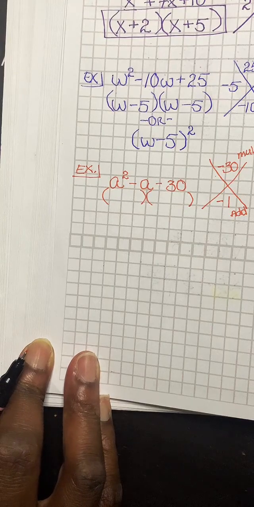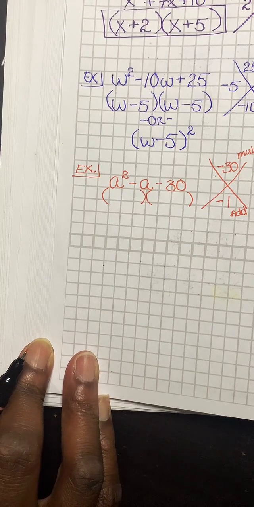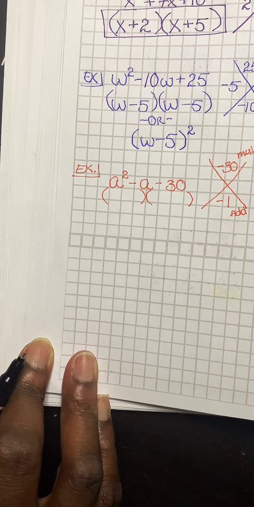Just go ahead and make your adjustments. Nicole, it's not going to be 1 and 30. All right, Scylla. Negative 6 and 5.